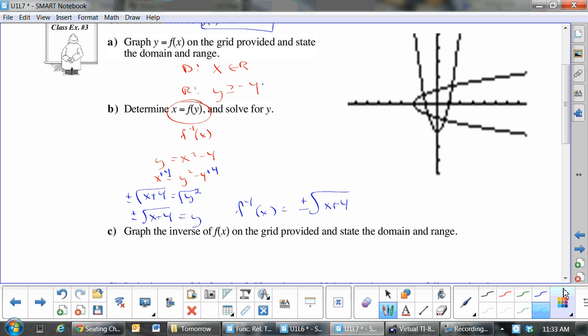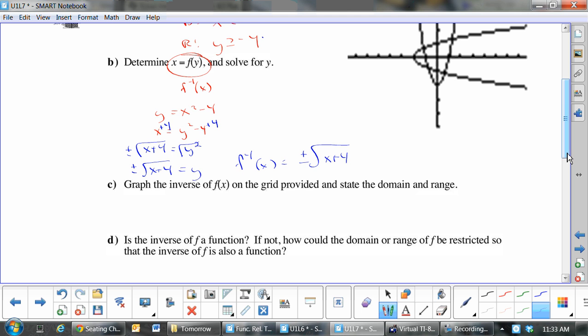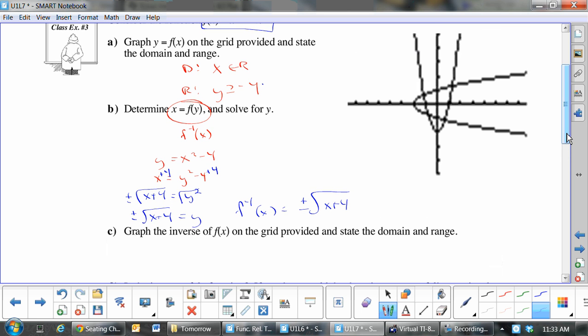Okay, now, what is the domain of the new one? Talk to me. x is greater than or equal to negative 4, and what is the range? y's in the reals. What did we notice?